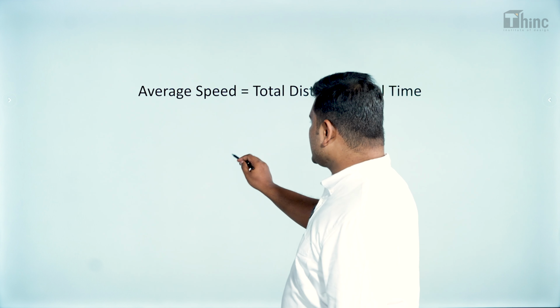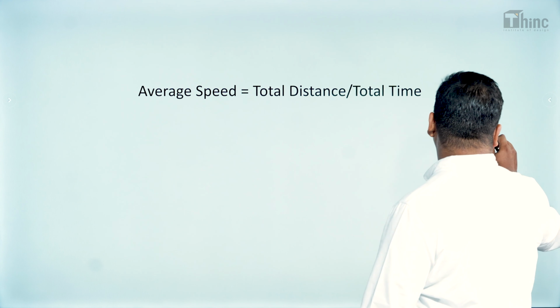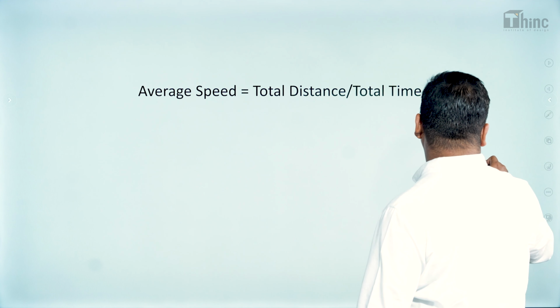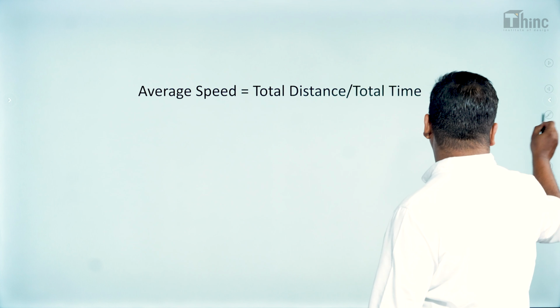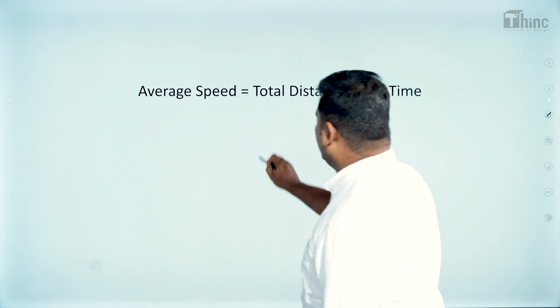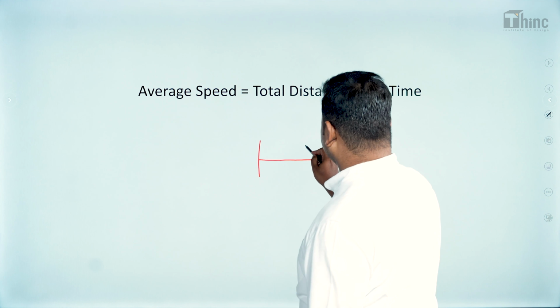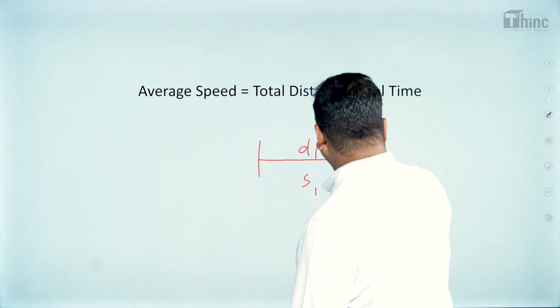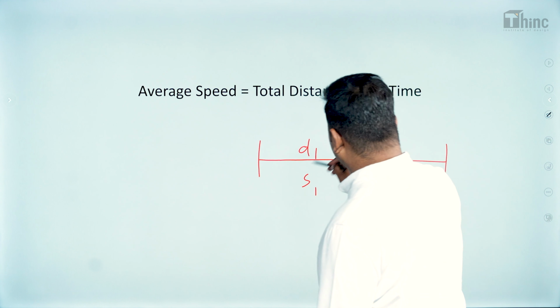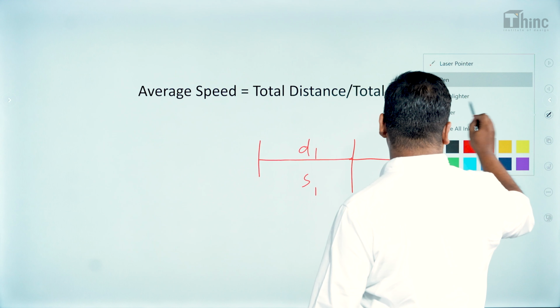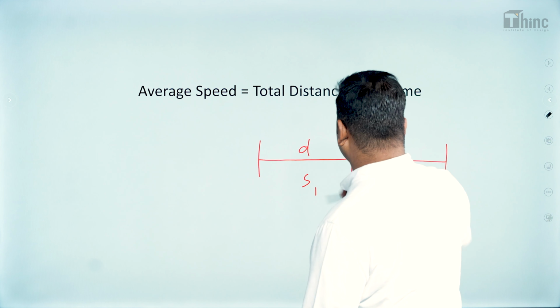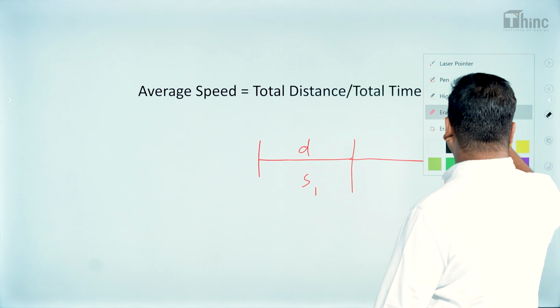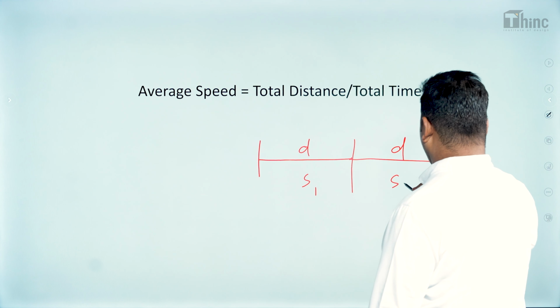One is, let's say a person travels a particular distance d1 at a speed of s1 and the same distance, so I'm assuming it as d so that you understand the distance is the same. So a person travels d at a speed of s1 and then again d at a speed of s2.